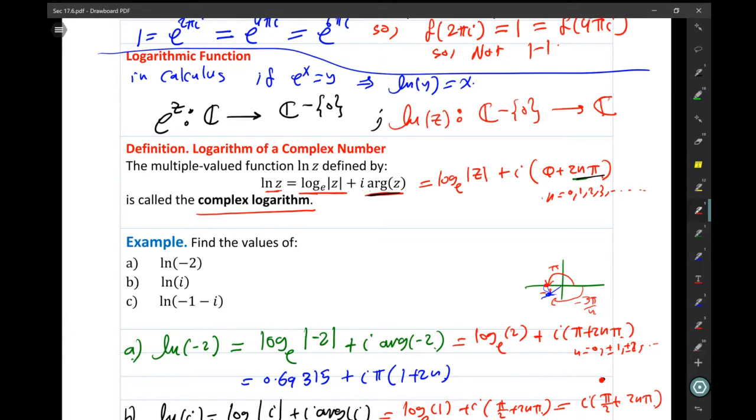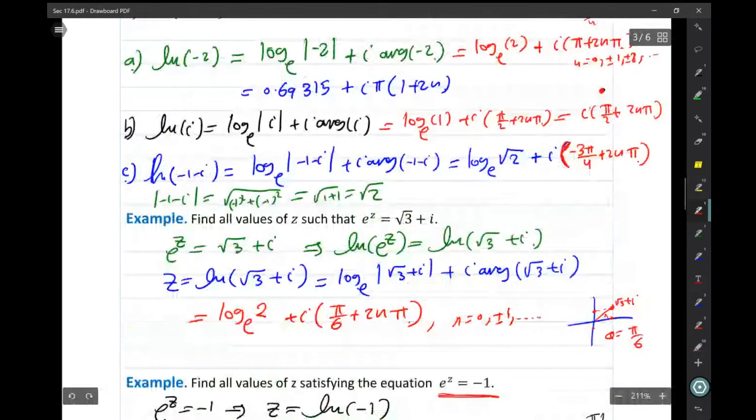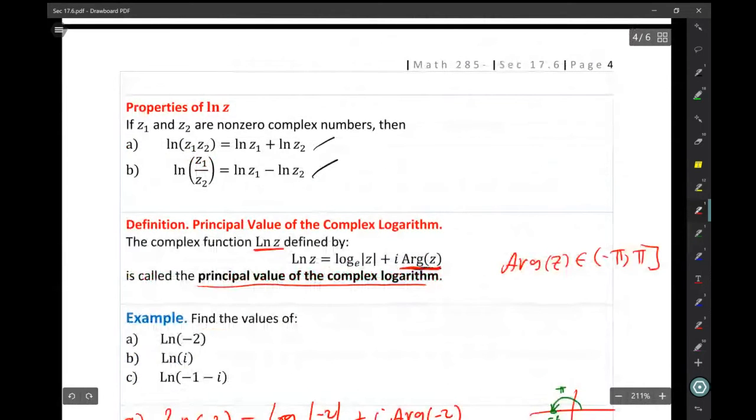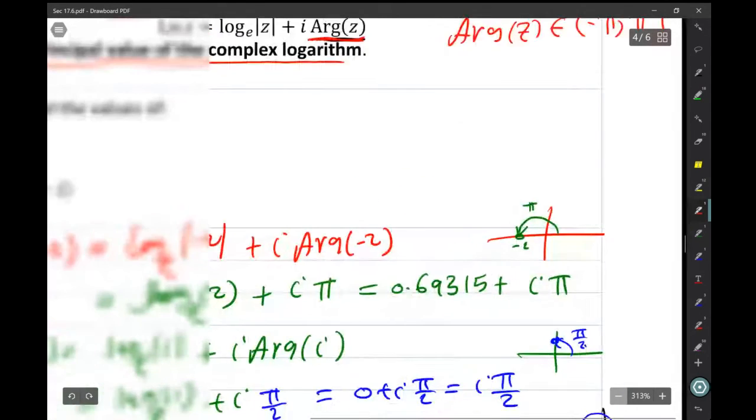The small argument is equal to theta plus 2nπ, where n is an integer: positive, negative, or 0. We also had some examples regarding ln, and then we defined the properties of ln, which are the same as the properties of the real natural logarithm.